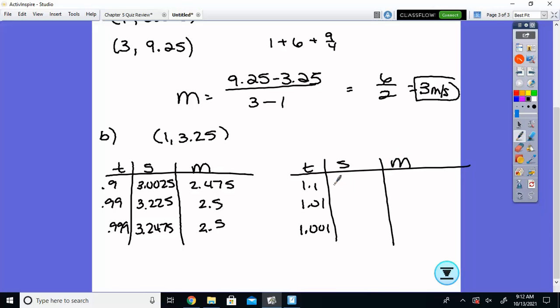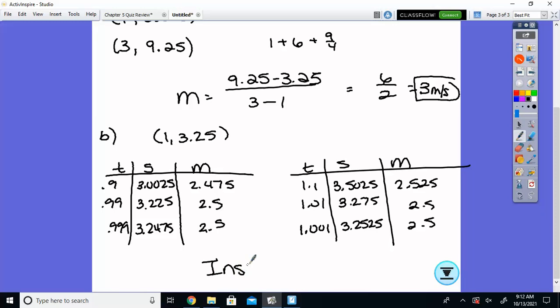Do the same thing from over here. Do I need to show you where I'm getting these at all? So I plugged them in, and these were the values I got. So my instantaneous, what value is this approaching? 2.5.